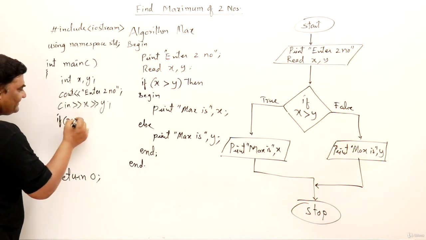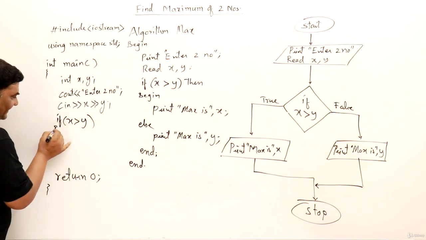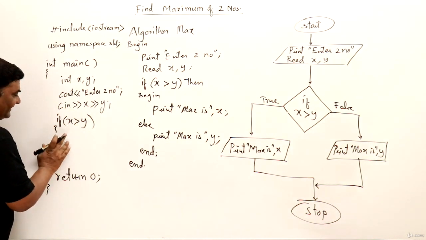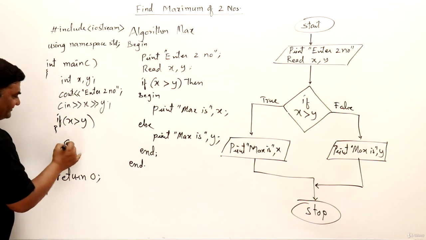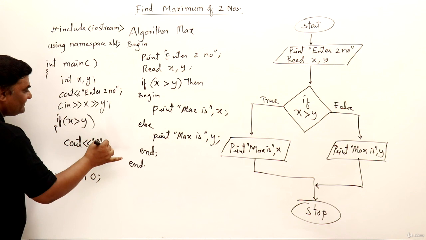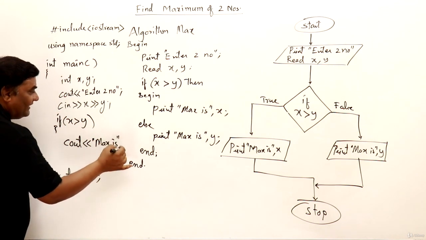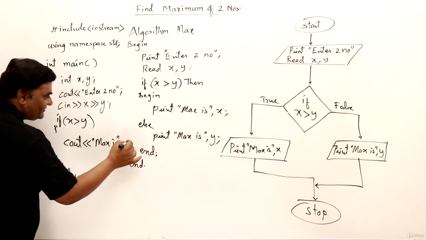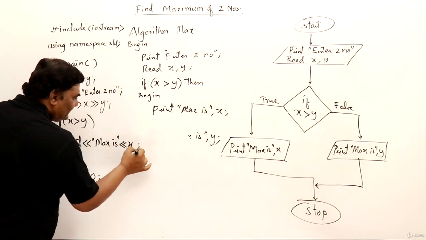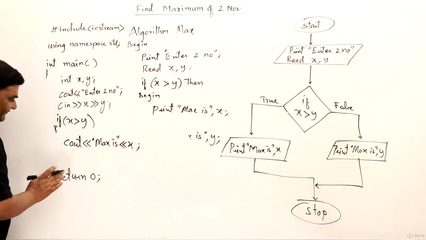If x is greater than y, then bracket start. So if this is true, then I should print that x is greater or max number is x. So cout max is x, max is, and again insertion operation, then x. This is for if.